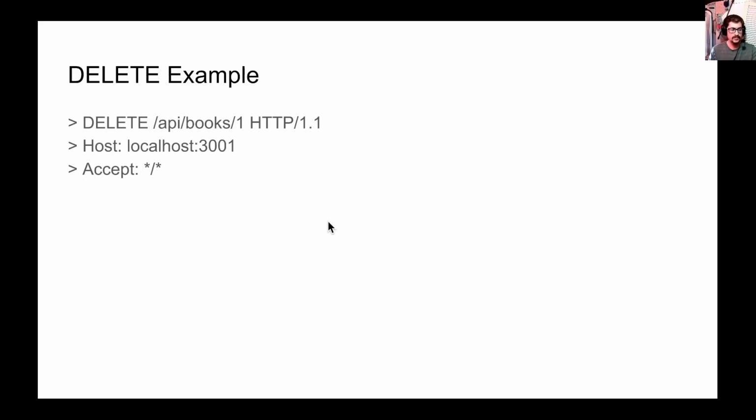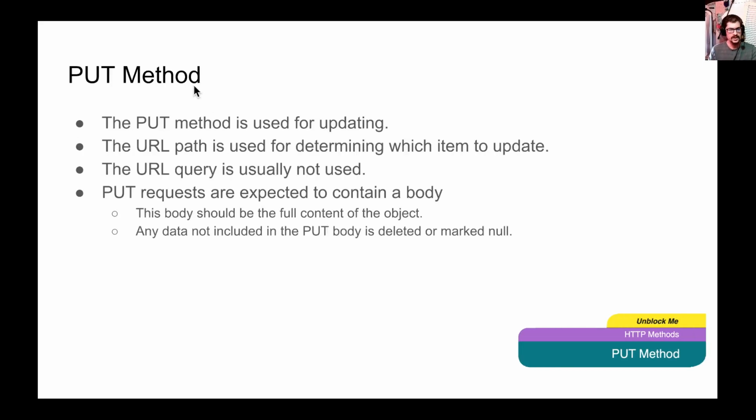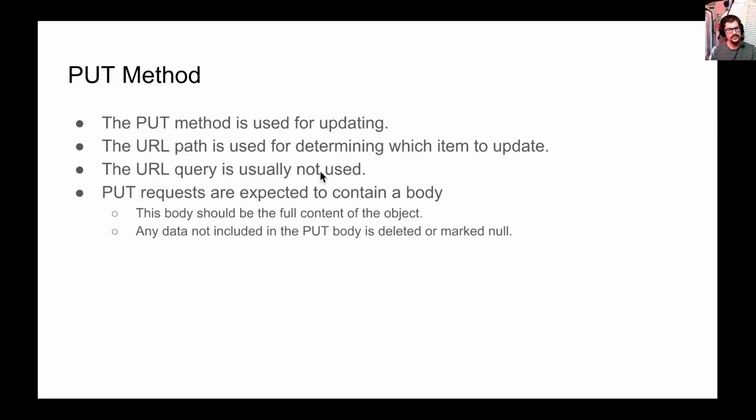So that's create, read, and delete. The put method is the first update method. The URL path, again, is used for determining which item to update, which type of item. The query is usually not used, similar to post. Put requests are expected to contain a body. Like a post request, the body of a put request should be the entire content of the object.